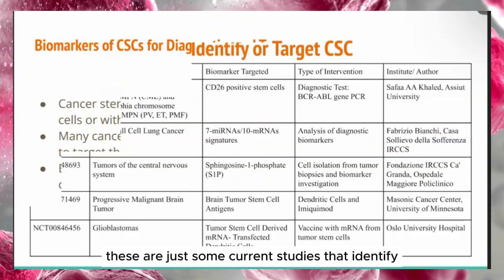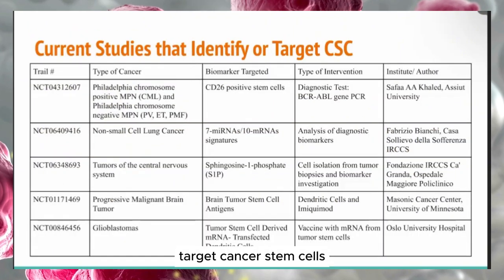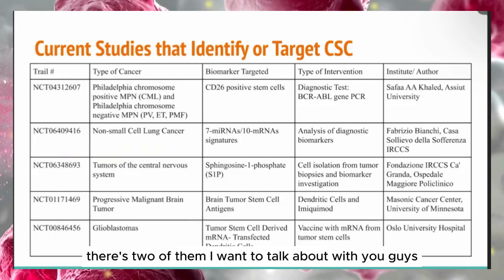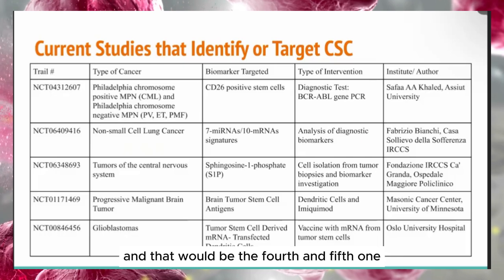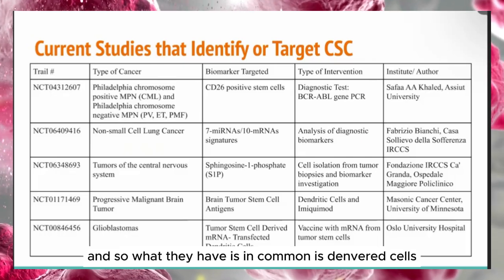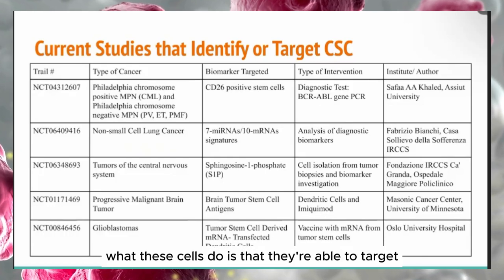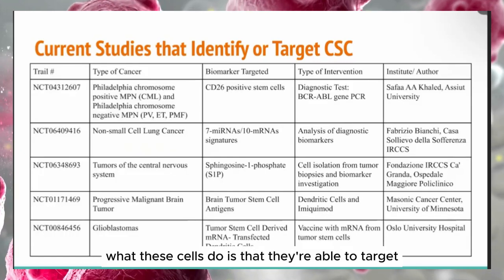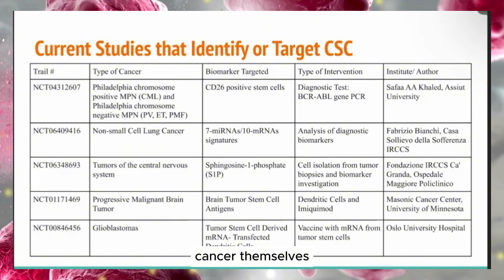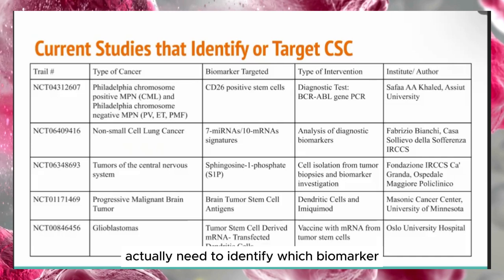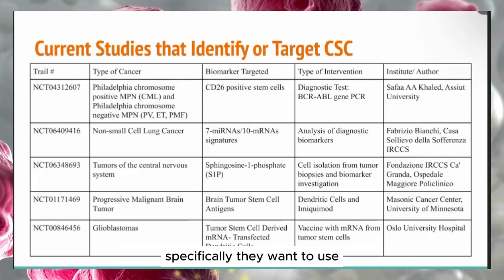These are just some current studies that identify ways to target cancer stem cells. There are two of them I want to talk about in particular, the fourth and fifth one, and what they have in common is dendritic cells. Basically, these cells are able to target cancer stem cells on their own, without humans needing to identify which biomarker specifically they want to use.